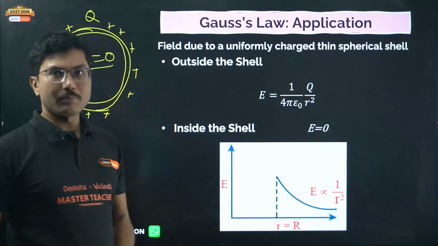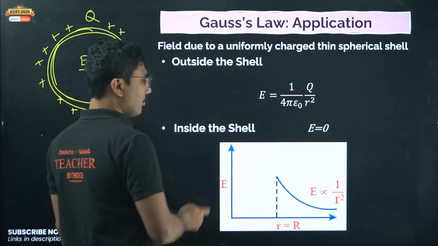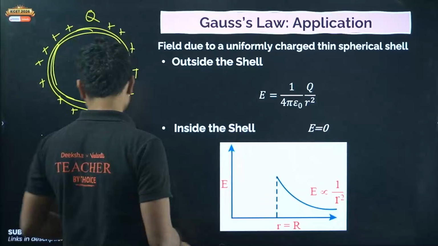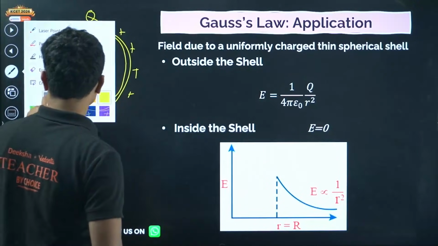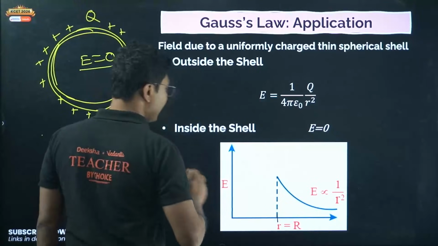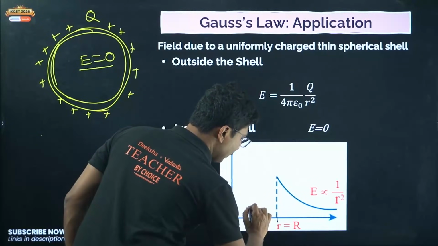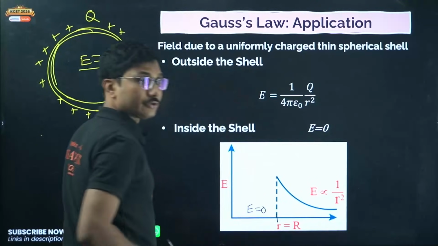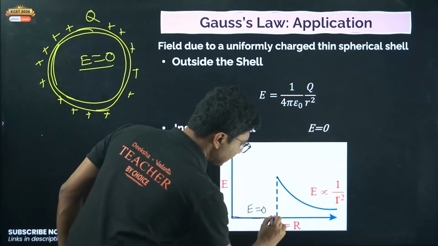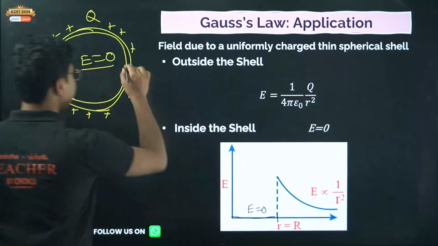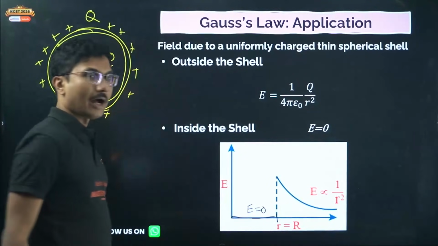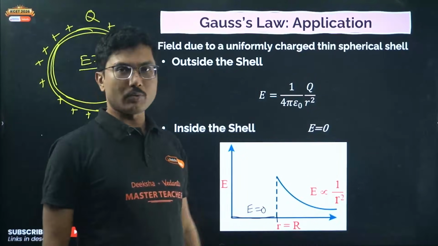And if you draw the plot of the entire thing, then electric field is 0 up to this point, because this is the point where the sphere ends. So radius is equal to capital R, and electric field is 0 over here. Electric field 0 means basically this is a 0 line. Suddenly it increases on the surface and then goes towards 0 with proportionality constant 1 upon R square.